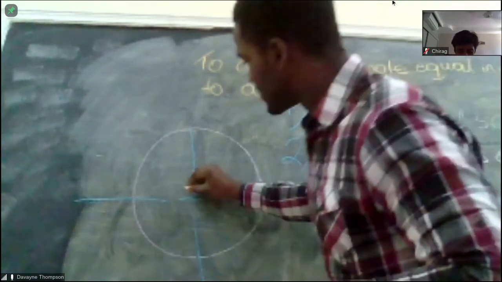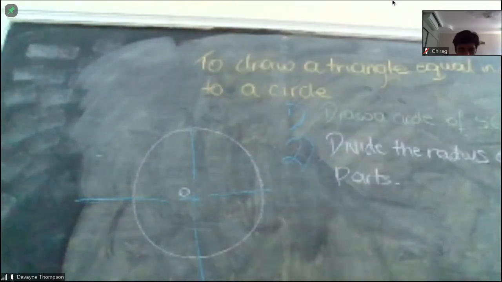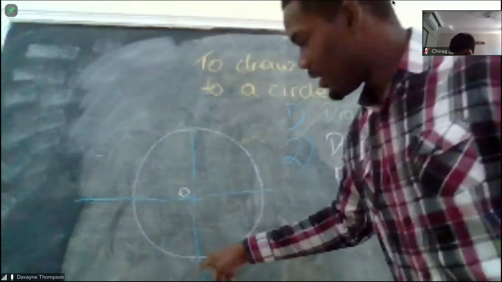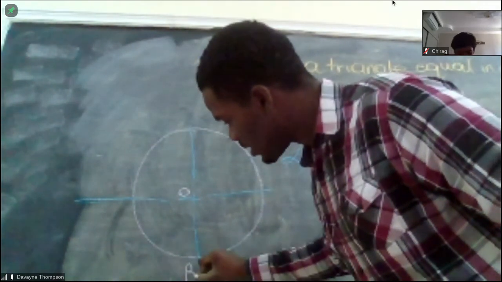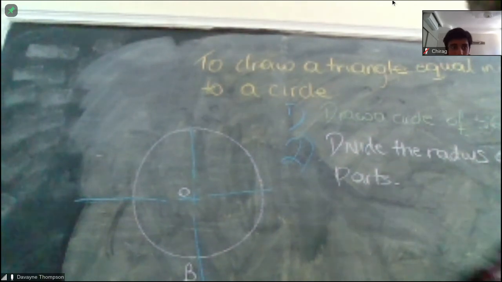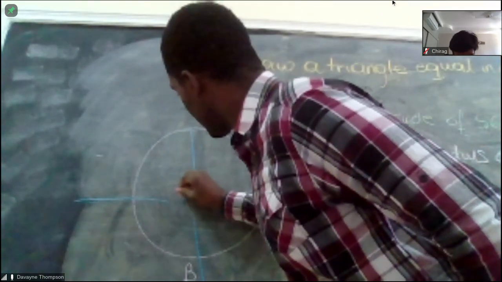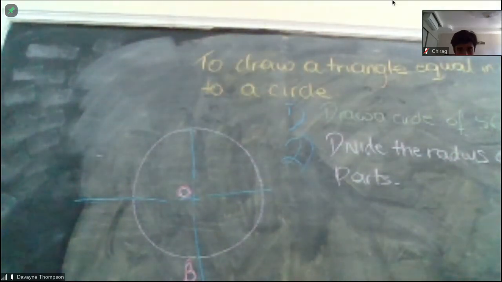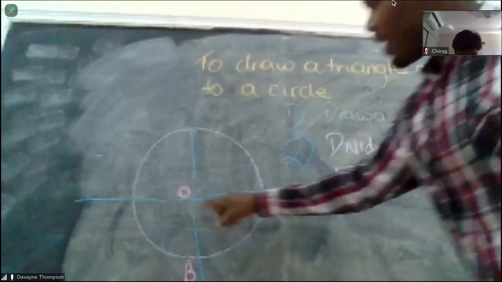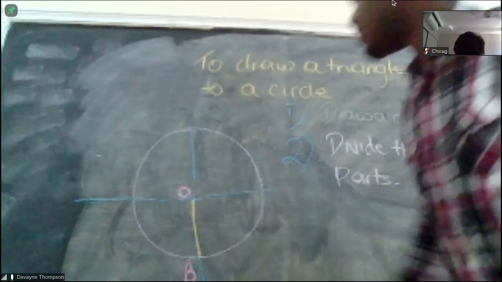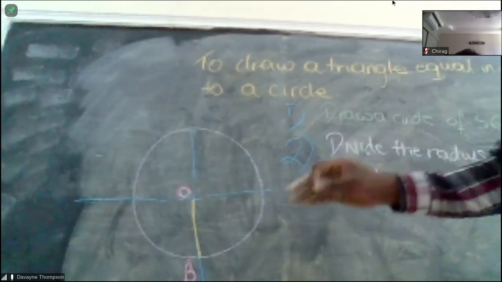I'm going to call this middle point O. Do that for me. Call that middle point O, and then the point at which the line touches the lower end, call that B. Let me label it in a different color. We have O here, we have B here. It's asking you to divide this line into 7 equal parts using line division.